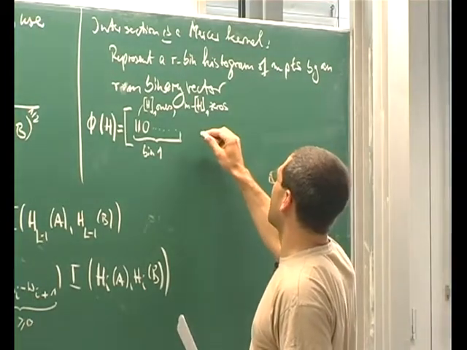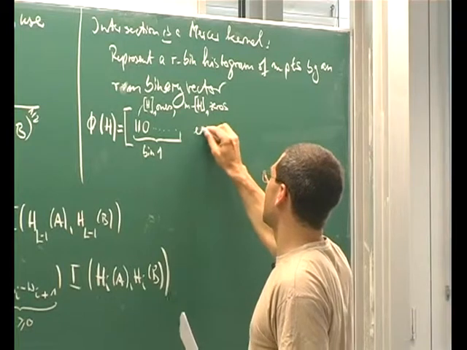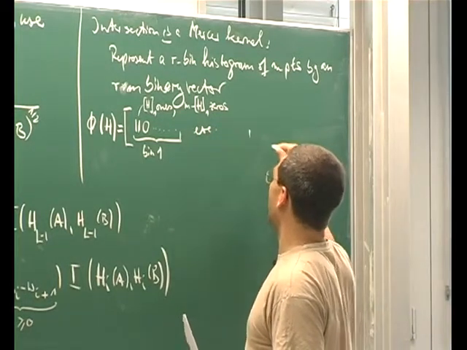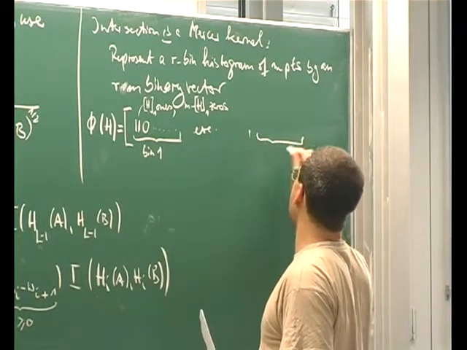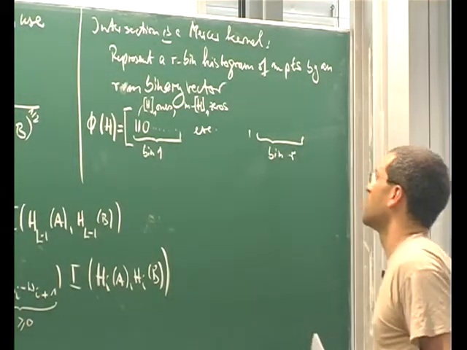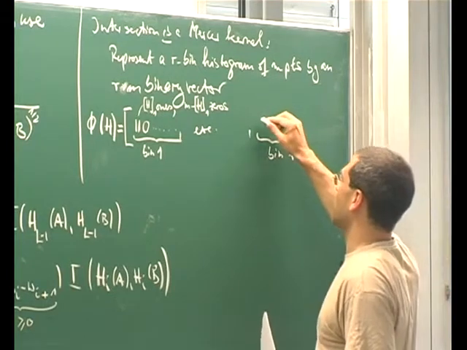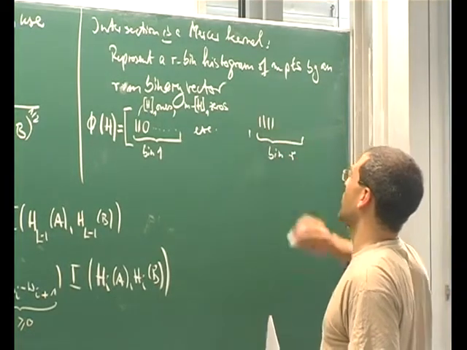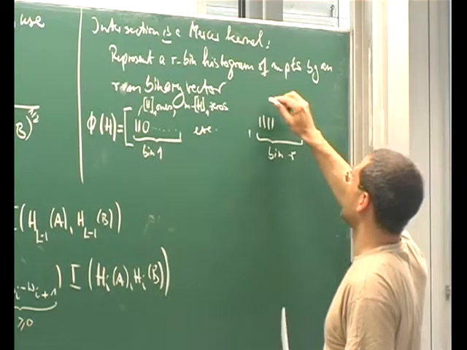Okay, and this whole thing is repeated up to the last bin, bin number R, where let's assume we had perhaps a count of 4.